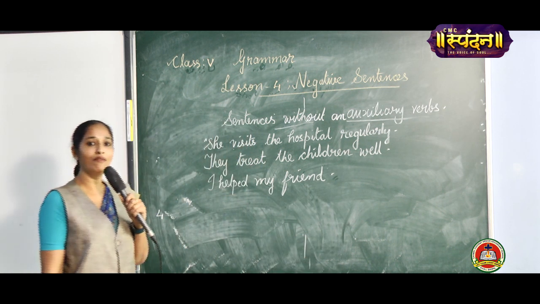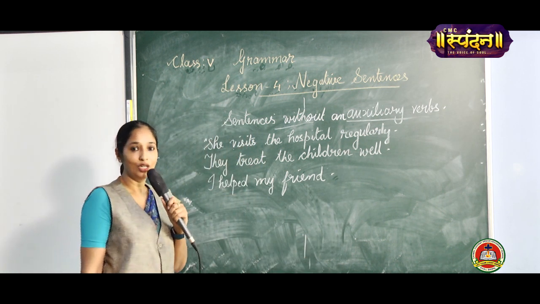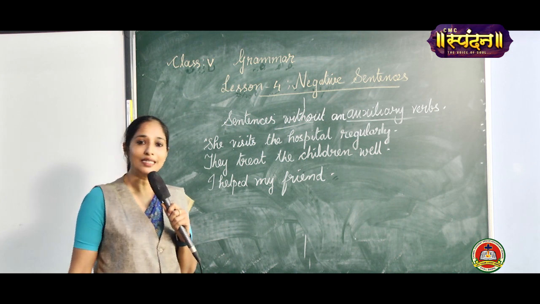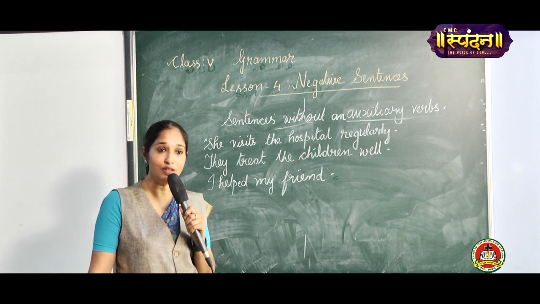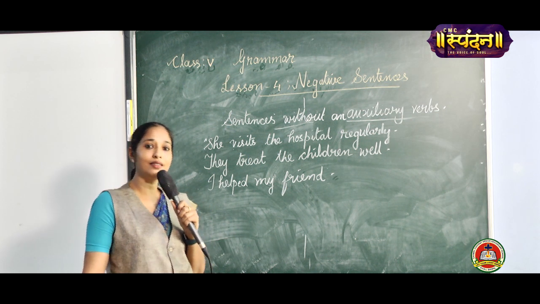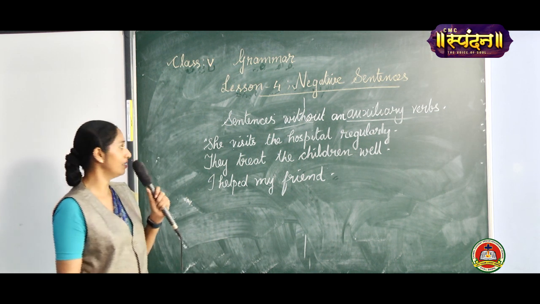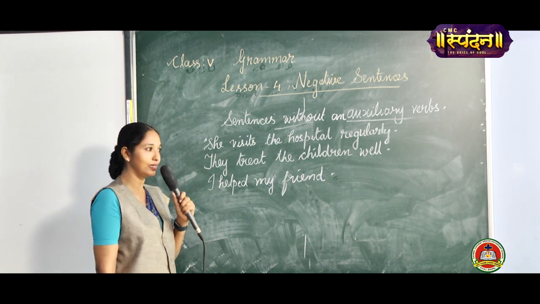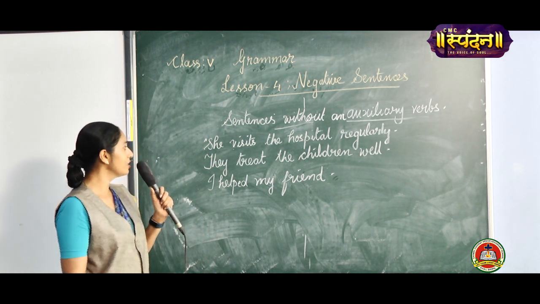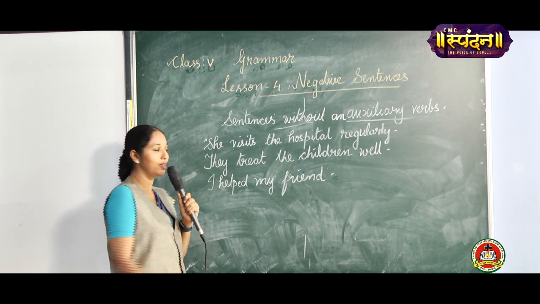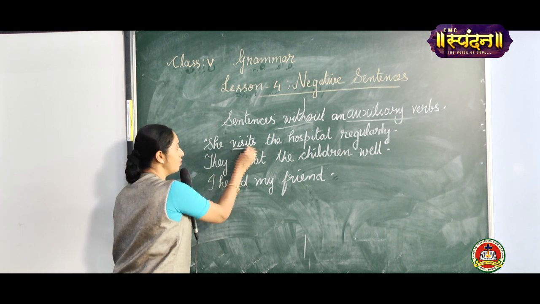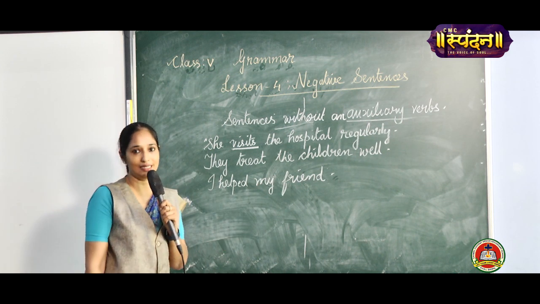Last year you learned tenses. So when you come across sentences without an auxiliary verb, first you have to check the tense of the verb given in the sentence. The first sentence, she visits the hospital regularly. Let's underline the verb visits.